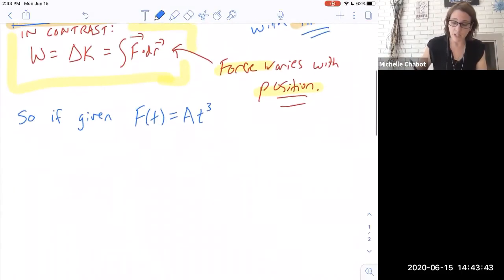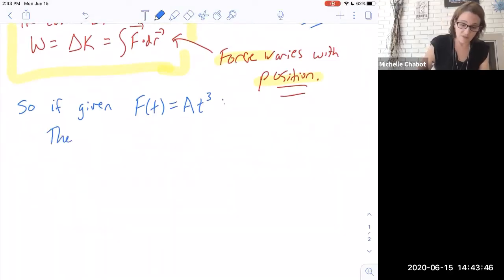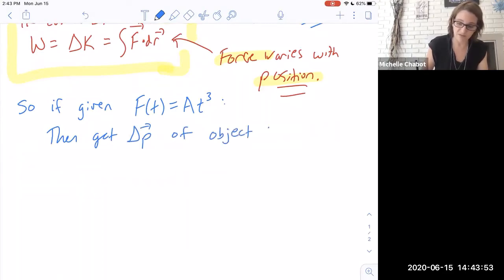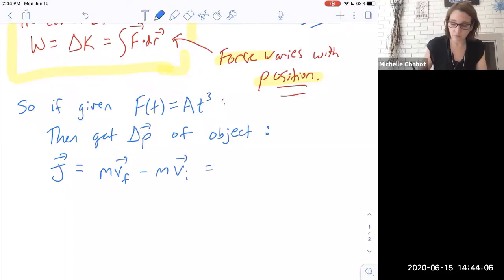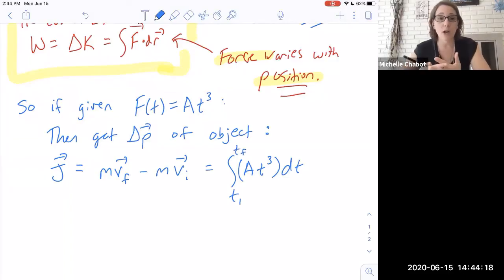Then you can get the change in momentum of the object. So you would just have the change in momentum, J, which is the impulse. So that'd be mv final minus mv initial would equal the integral of F sub t dt, so a t cubed dt evaluated from t initial to t final. So then it just becomes a calculus problem.